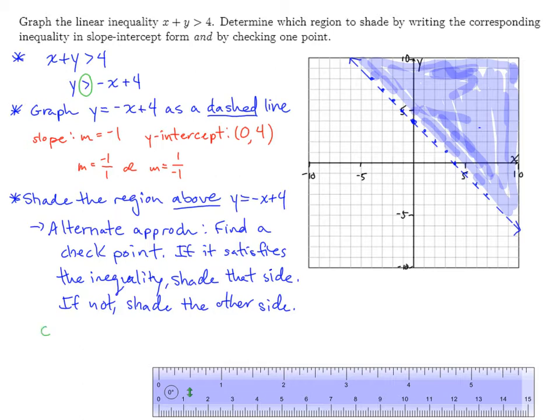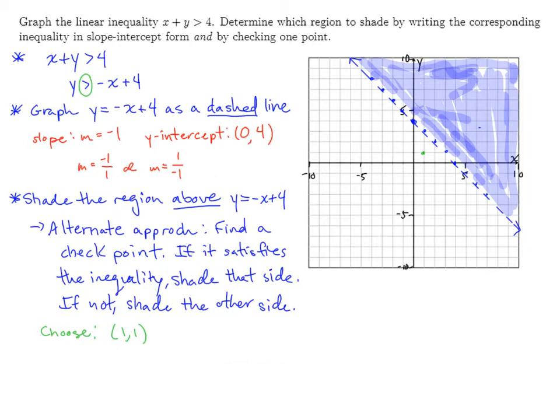So I'm going to choose, and I can pick any point. I see the point 1, 1 on one side of this line. So I'll choose 1, 1. And all that I will have to do is replace x and y in the original inequality with 1 and 1.